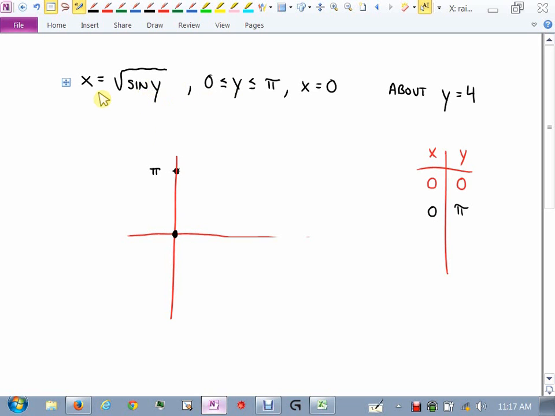Square root of 1 is 1, right? So if I plug in pi over 2, we get 1. So here's 1 for my x. Pi over 2 is halfway. So 1. And so what it winds up looking like is basically the sine. It's like the first little arc of sine again, but going that way.